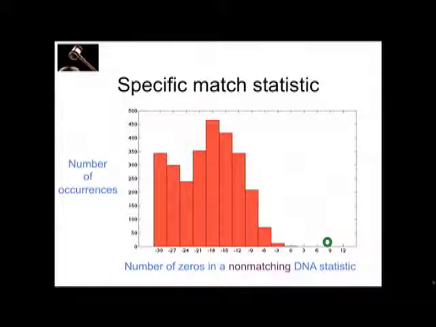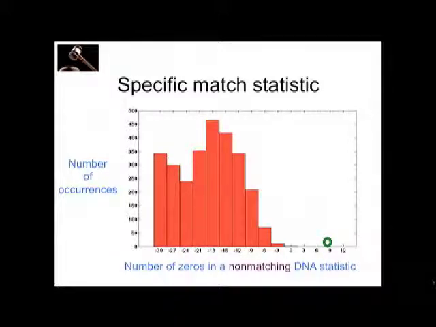If you move to the left and you see the -9, that's 1 over a billion. That's evidence for excluding an individual as opposed to including them. If you move further to the left to the average value of -18, that's 1 over a billion billion. That's tremendous evidence for excluding an individual as a contributor to a DNA mixture.